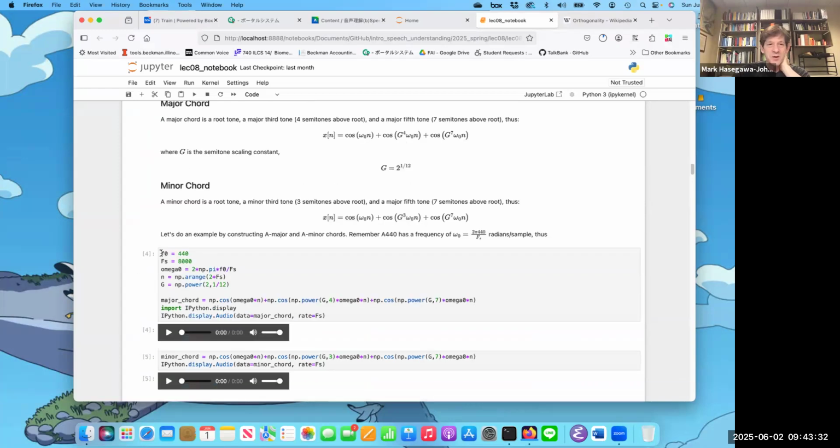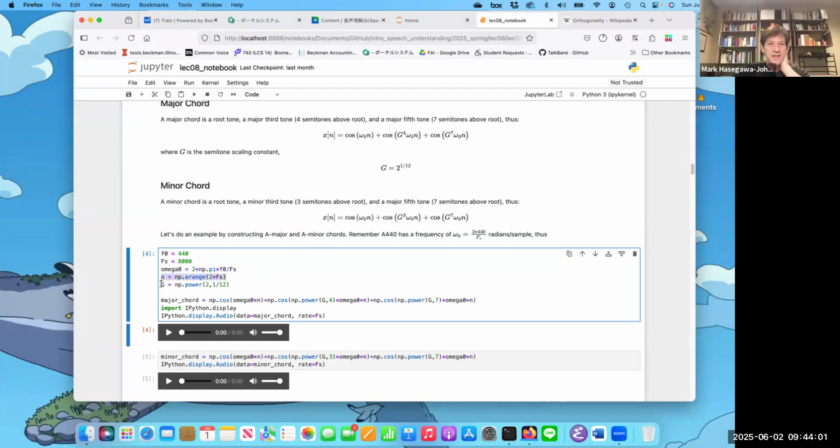So let's play those. Let's start out with F0 as 440 hertz, and I'll have a sampling frequency of 8,000 samples per second. And then I'll create omega naught as 2 pi times F0 over Fs. That'll be the frequency of the bass note, the A note that it starts with. And little n will be the integers ranging from 0 to 2 seconds long.